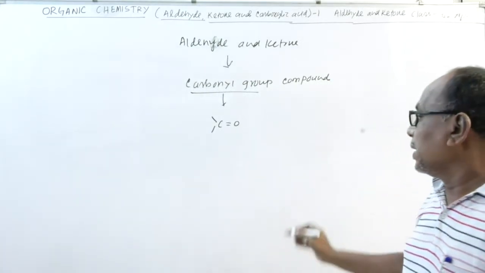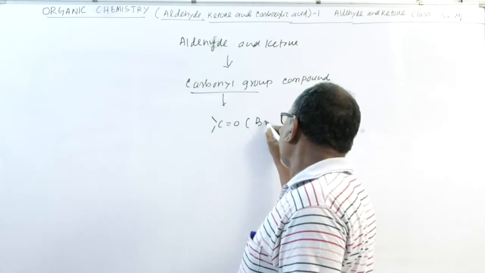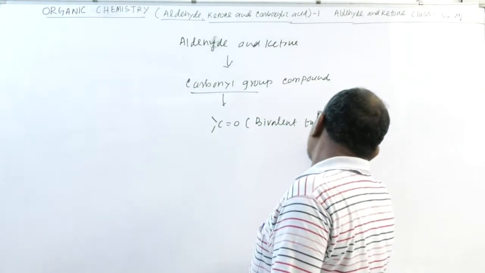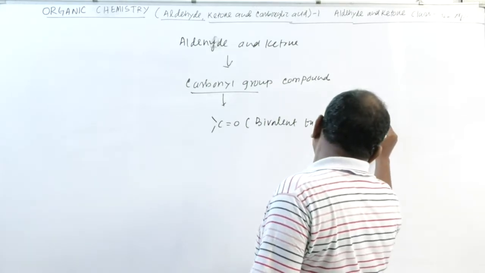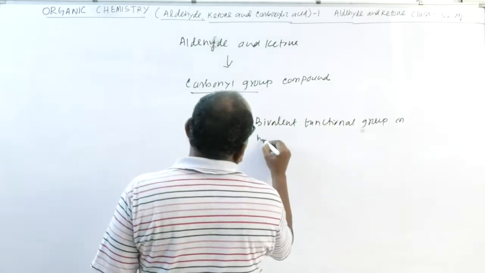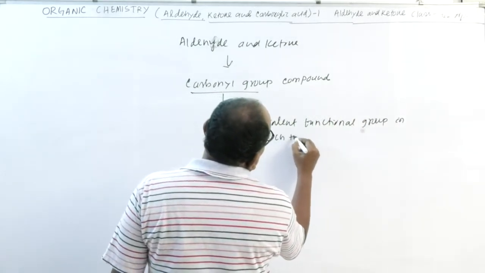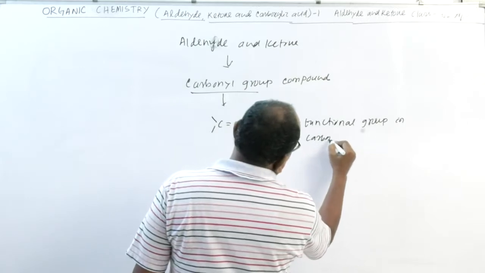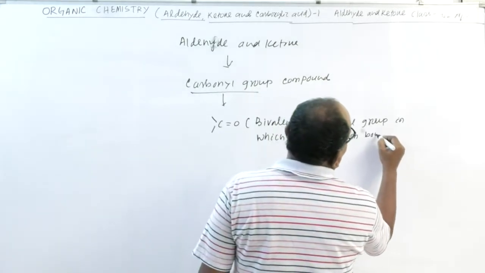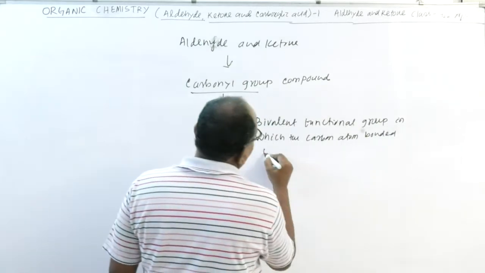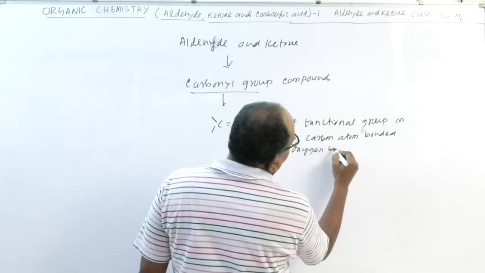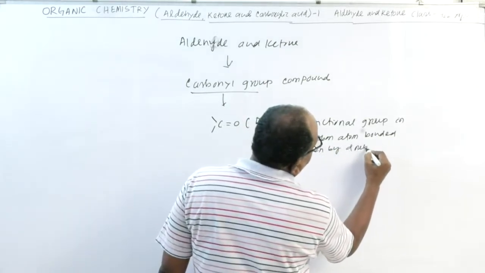The carbonyl group is a bivalent functional group in which the carbon atom is bonded with oxygen by a double bond.